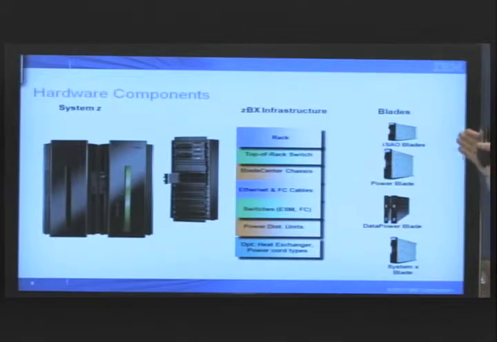We support a specific set of blades in this environment, and only those blades. So we can't take some of the blades that we have in our existing equipment and put it in the zBX? No, unless they match the configuration that we support. It's possible, but it's very specific to configurations for the blades.